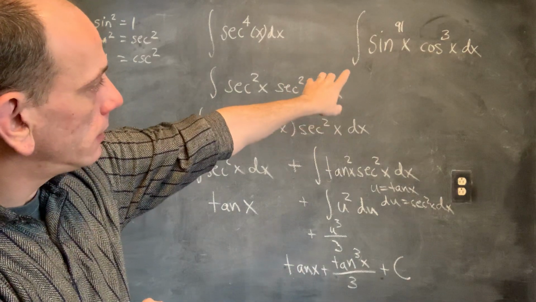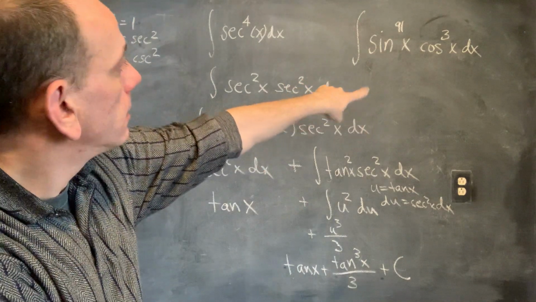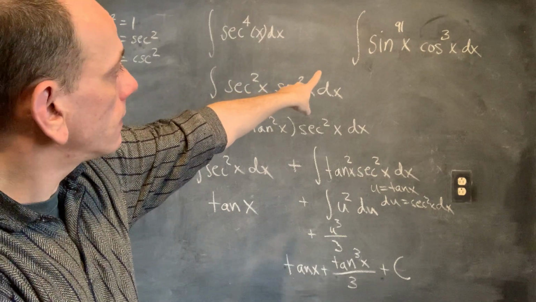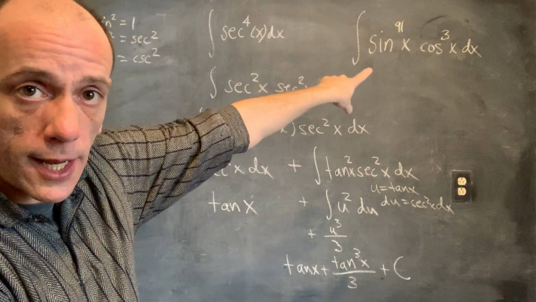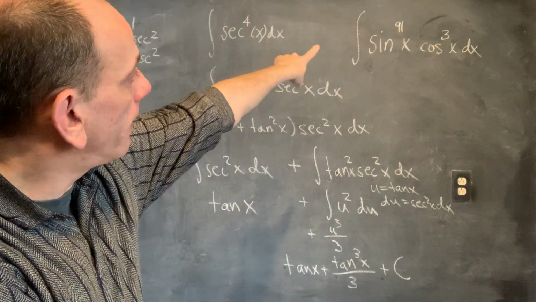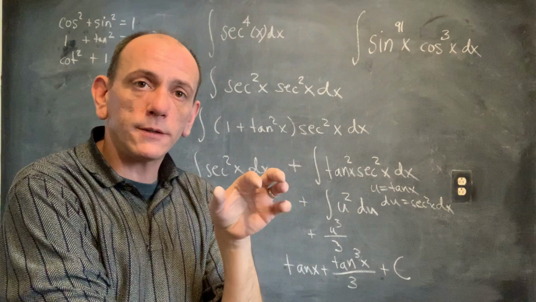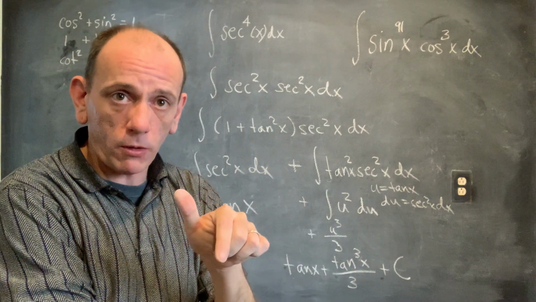We could u sub for cosine, which would give us the derivative sine, which means I'm going to hold one of those signs off, and that'll give me a sine to the 90th power. Well, that'll be sine squared to the 45th power.